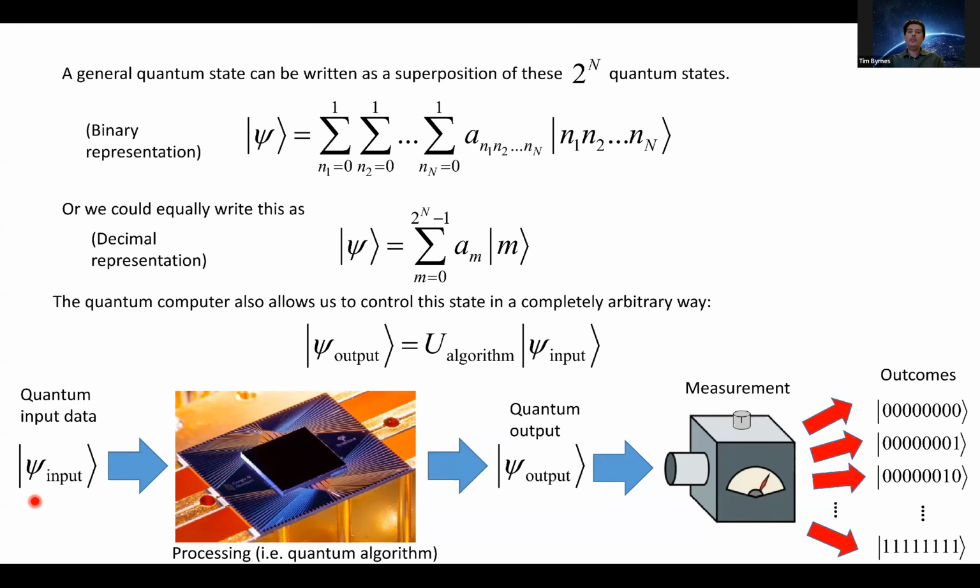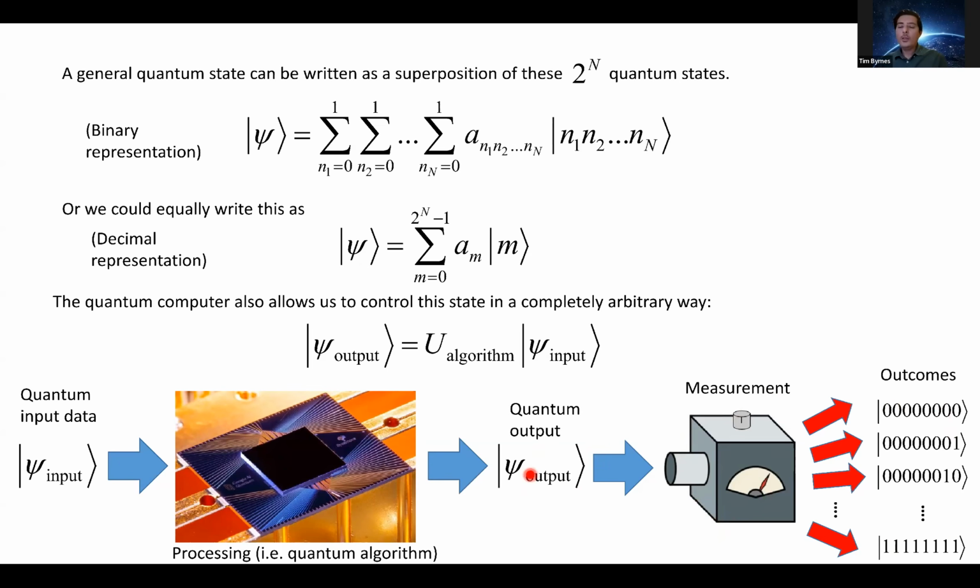So you've got your input state, and then there's some kind of unitary evolution, which is going to be, in this context, some kind of algorithm, and then there's a final state. But in order for us to get this information, we also have to perform a measurement.